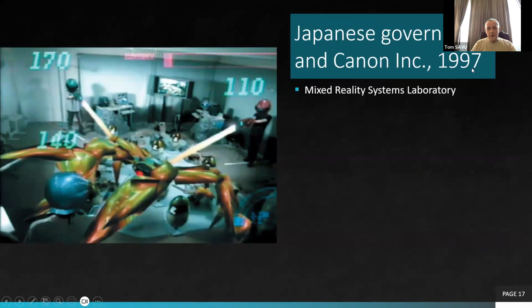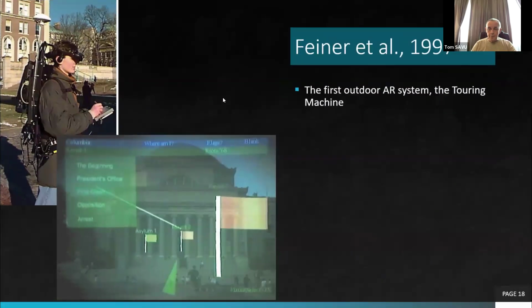In 1997, already the multiple user augmented reality games started to be developed, but you see this is more than a mixed reality, not only augmented reality. And in 1997, Feiner developed the first system which was able to be used outdoors.